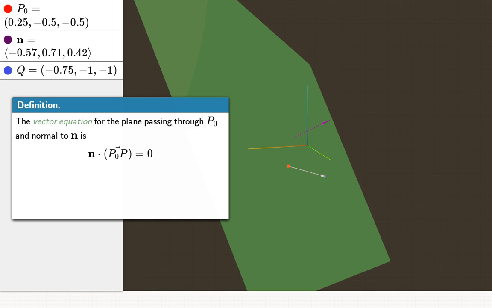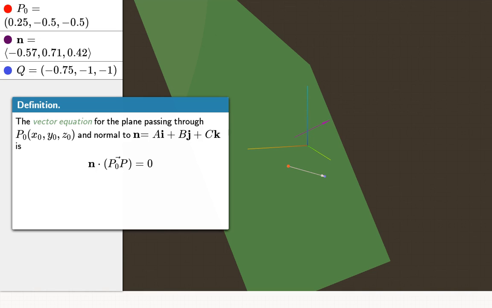Now explicitly, if our point P0 has coordinates x0, y0, z0, and the normal vector n has coordinates a, b, and c, then this expands out to the equation a times (x minus x0) plus b times (y minus y0) plus c times (z minus z0) is equal to 0.